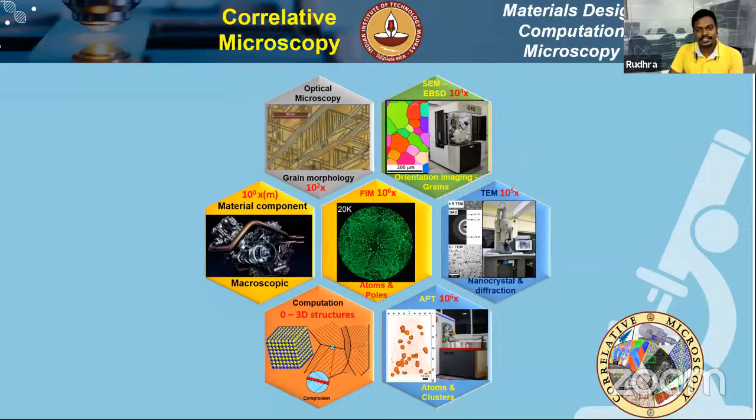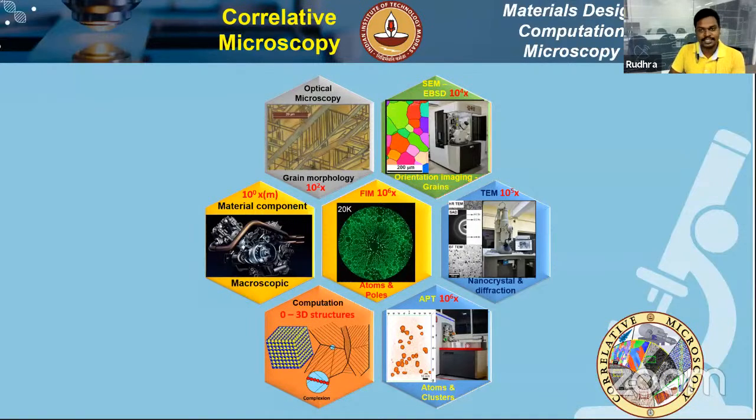To introduce Dr. K.G. Pradeep, he is currently an assistant professor in the Department of Metallurgical and Materials Engineering at IIT Madras. He completed his PhD from Max Planck Institute for Eisenforschung and RWTH Aachen University, Germany. Prior to joining IIT Madras, he was the group leader for Atom Probe Tomography at RWTH Aachen University.